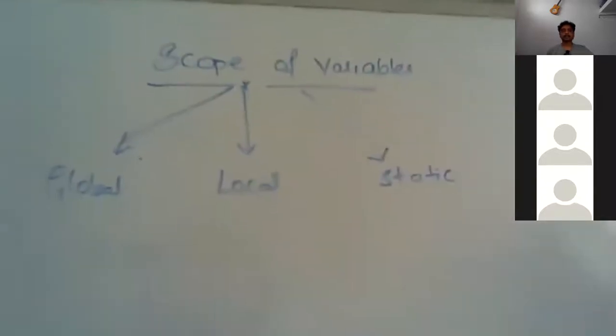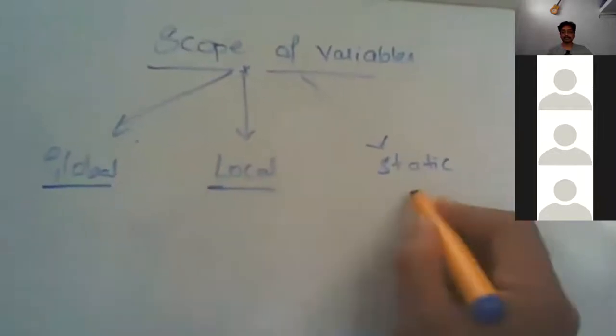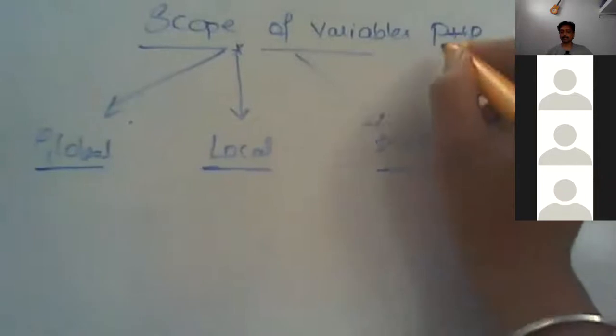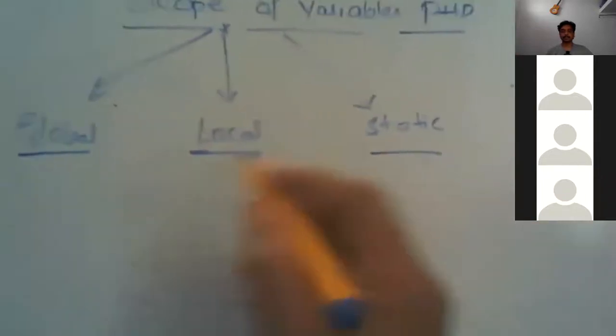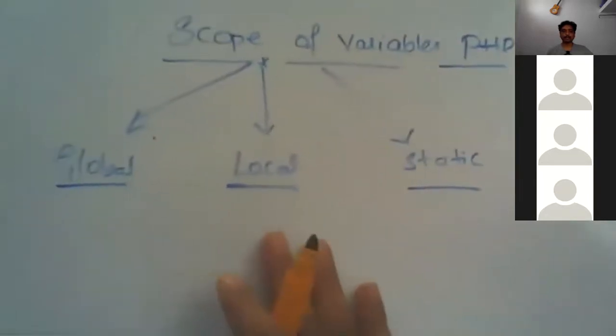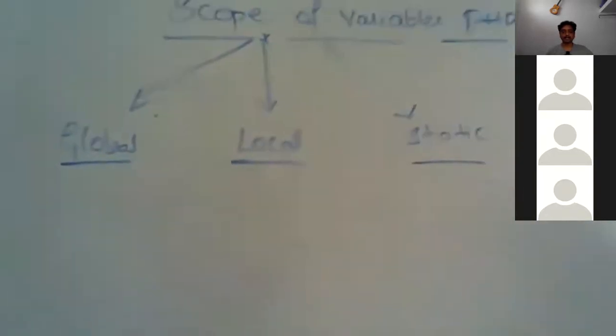Basically, PHP supports mainly 3 types of scope of variables. One is global, another is local, and the third is static.